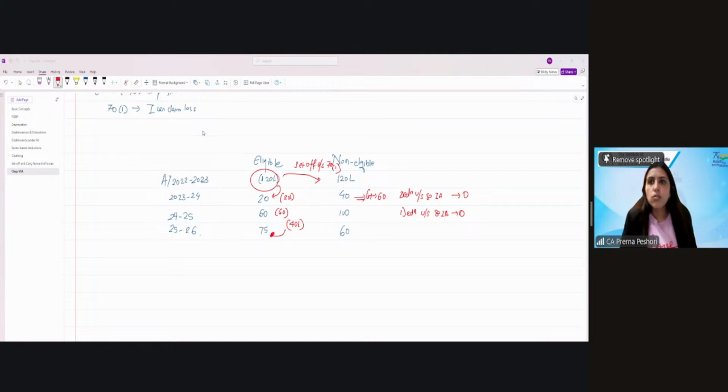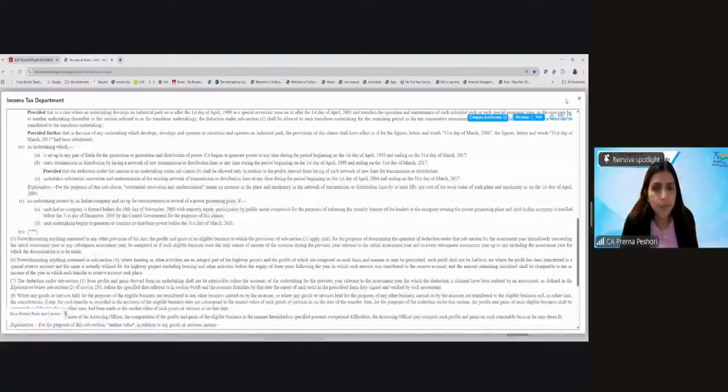Fine. So 20, 40, 60 lakh will be taxed. Yes. 24, 25, 60 plus 100 GTI will be taxed. Yes, correct. 25, 26, 25 plus 60 will be taxed. No, not, see, Samnathan, 25, 26 May, you're right up till here.